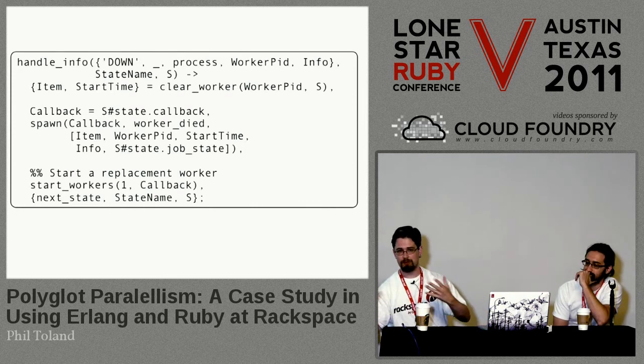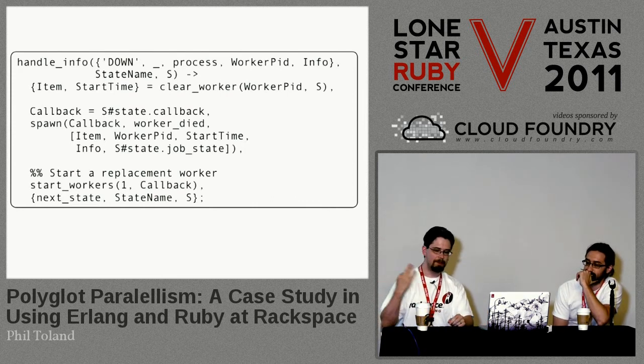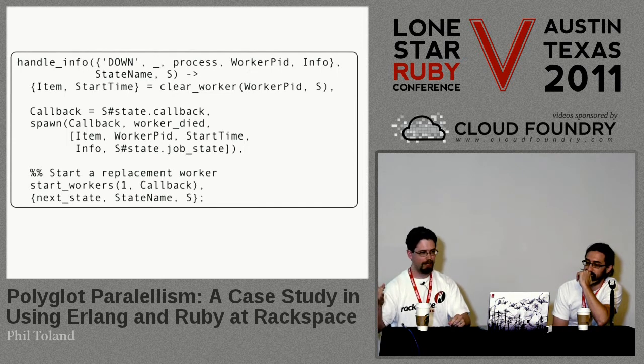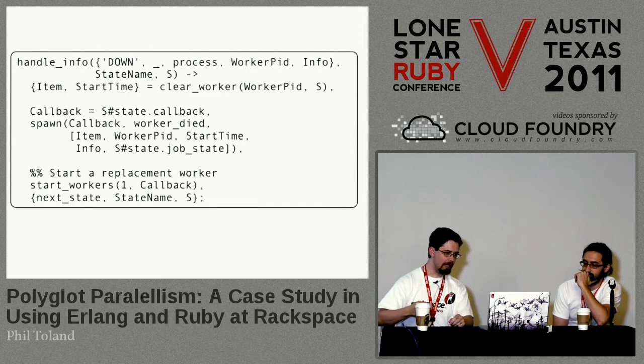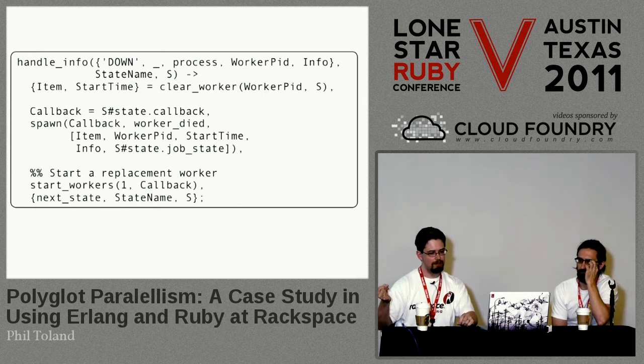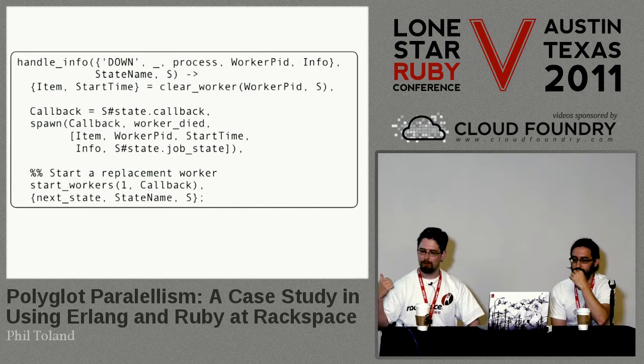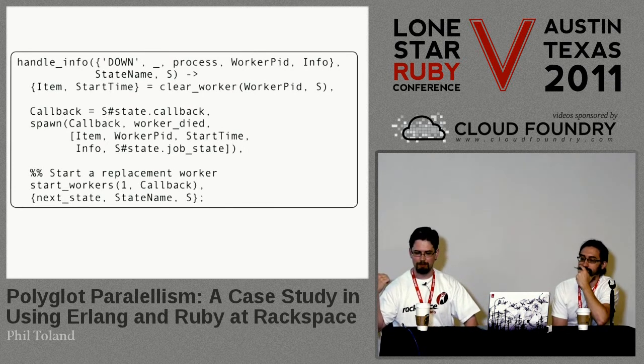And spawn is what creates a new process in Erlang. It takes basically 3 parameters: a callback, a function name, and a list of parameters. It's like an apply or eval, which you will see in other languages. The interesting thing here is that the module name and the function name have to be atoms. But as you can see, we're passing through the callback as the module name in a variable.